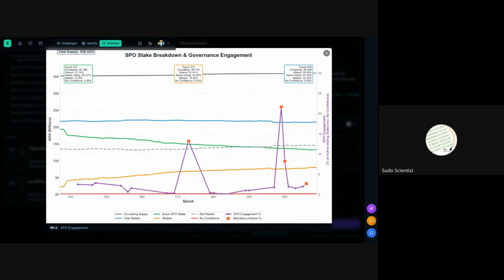What we see through the numbers is that there isn't a high interest from a multitude of stake pool operators in governance. So ultimately we might have run into the fact that the assumption that SPOs were the best role to make those determinations might have been a little incorrect.